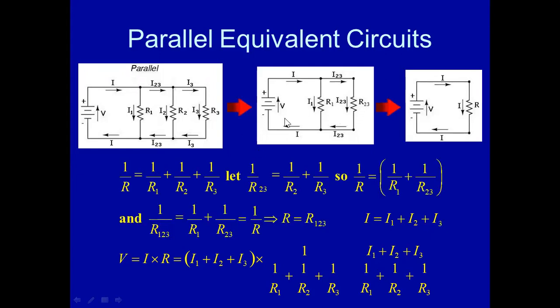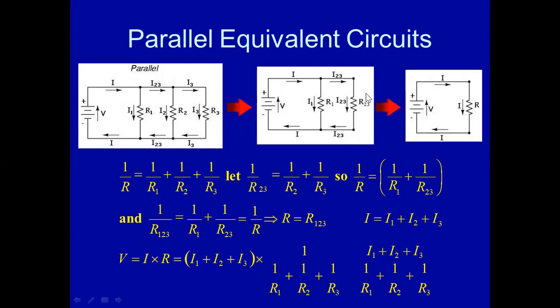To get now your R2,3, it would be equal to 1 all over 1 over R3 here plus 1 over R2, okay? As you can see here. So if we're going to further simplify the total resistance here, this gives us this one, okay? And then if we simplify further here, we get the value for your R23, okay?